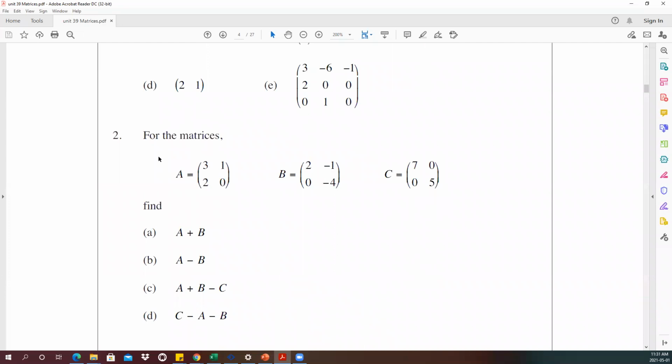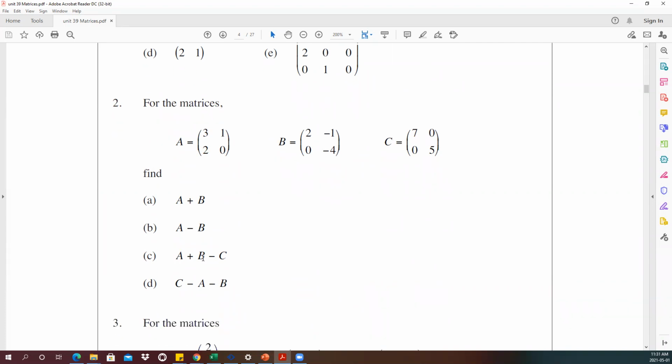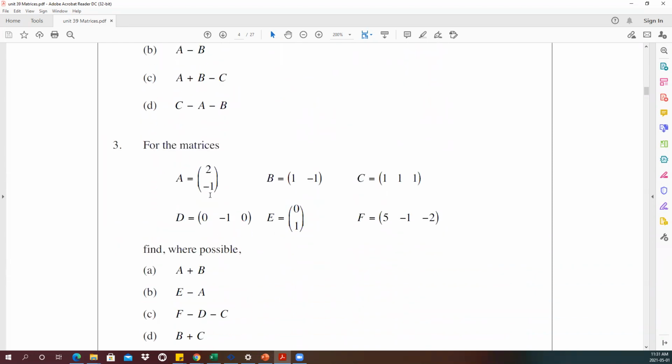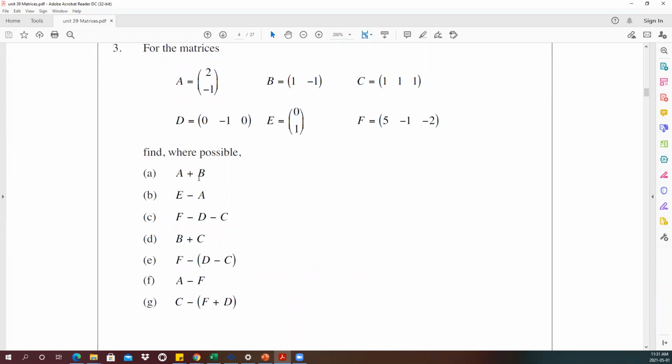Now we have some questions right here. It says for the matrices A 3 1 2 0, B 2 minus 1 0 minus 4, they're asking you to do some addition and subtraction now. And here they're asking you again to do some addition and subtraction, and they say where possible.